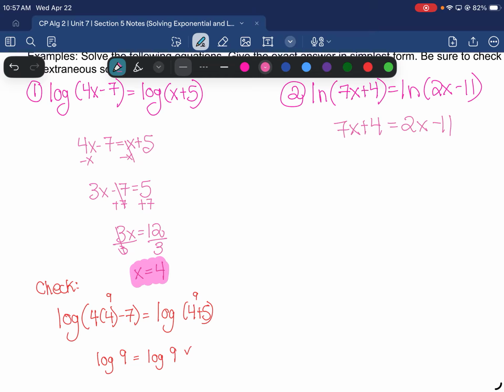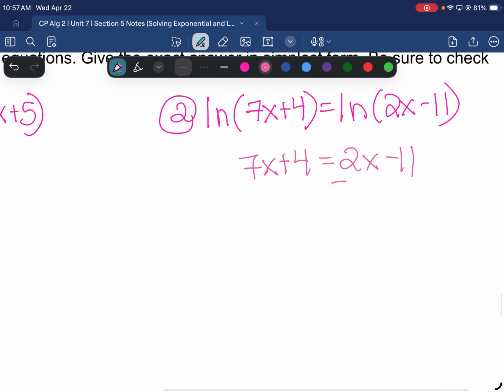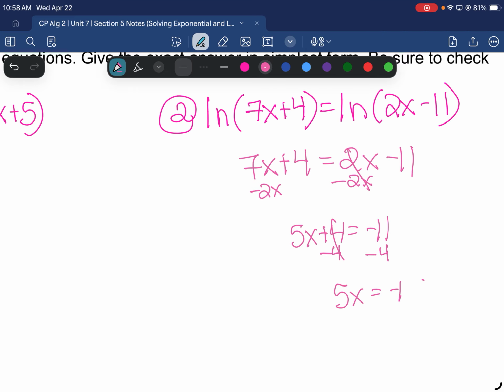Can you solve that? Okay, let's see what happens. No solution.